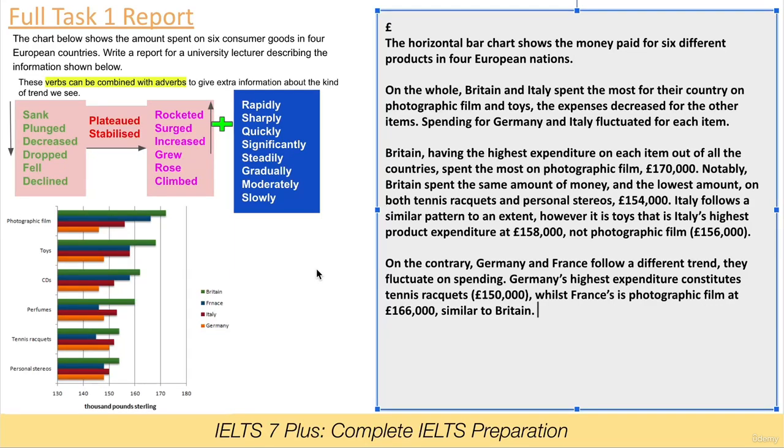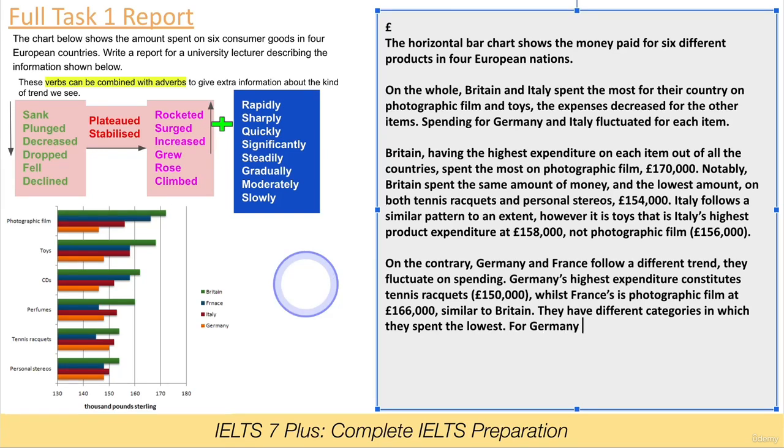Let's maybe include a line about the lowest amounts that they spent. So they have different categories for the lowest. We can say that they have different categories in which they spent the lowest. Maybe full stop. For Germany, it is, let's have a look.